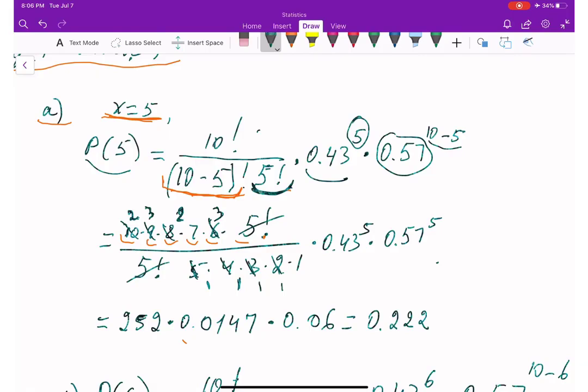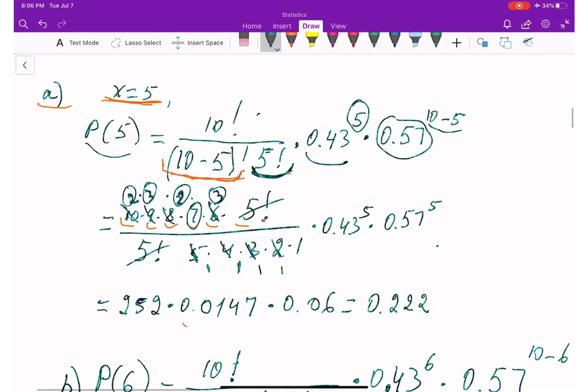And that's all. So I have cleaned. What's left? 2 times 3 times 2 times 7 and then times 3, and that's it. So if you multiply all these numbers, you get 252.